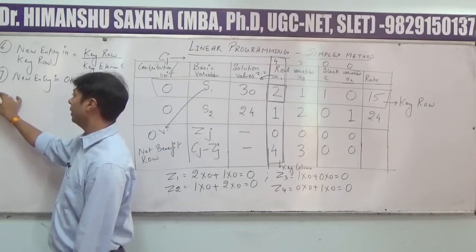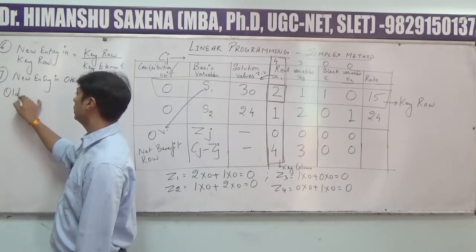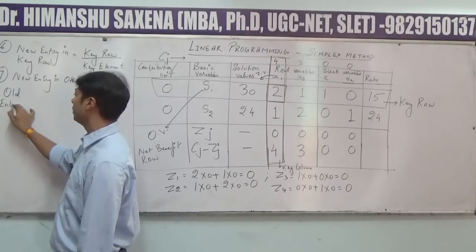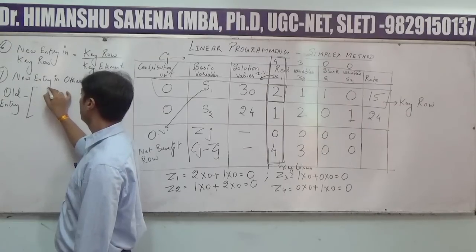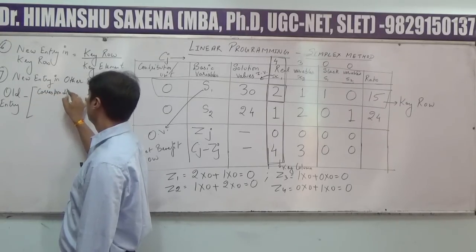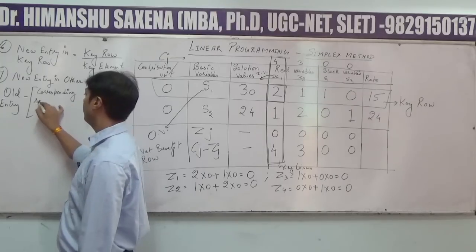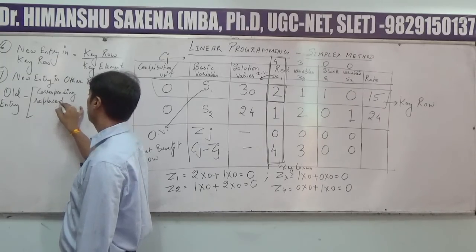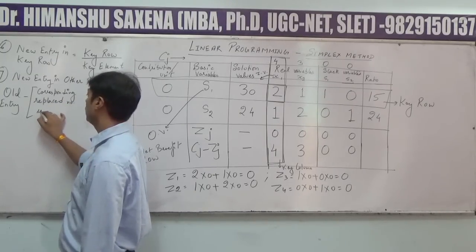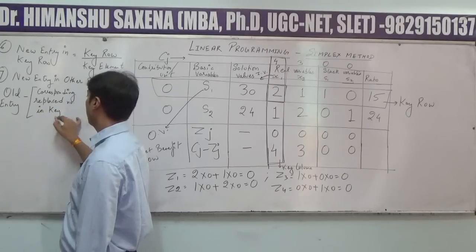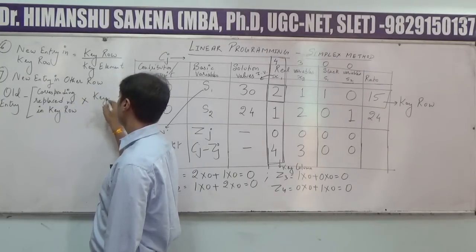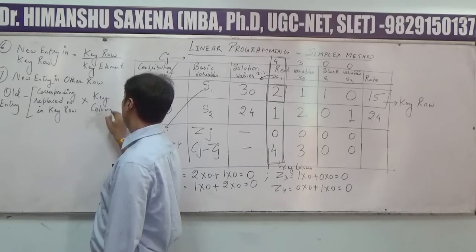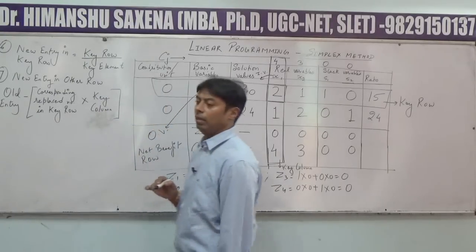It has to be replaced by this formula which says: old entry minus corresponding replaced number in key row multiplied by element in the key column.